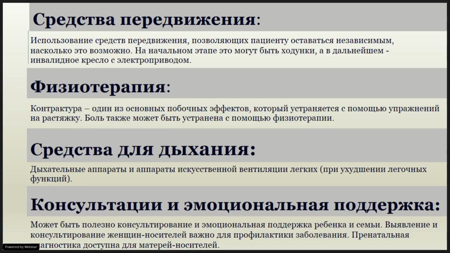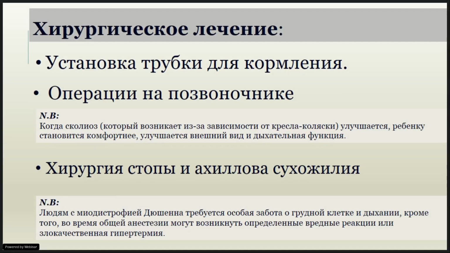Physiotherapy is very important here for the patient. Also, he may need respiratory aids or artificial ventilation. Counseling and emotional support is very, very important for the patient and his family. Also, you have to detect the carrier and to make antenatal diagnosis for carrier mothers.